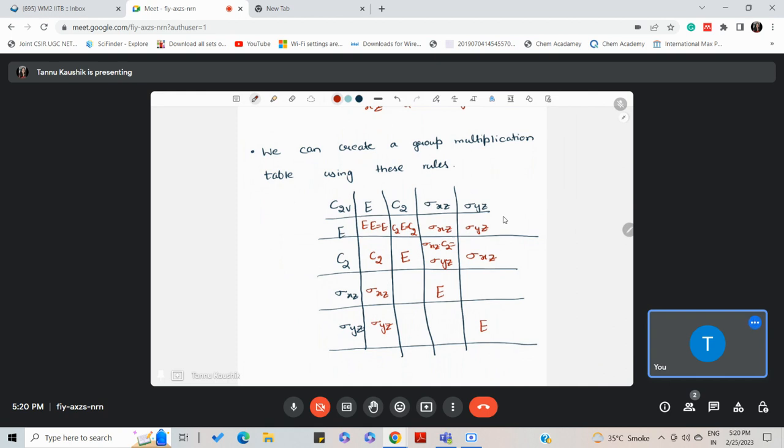What can be that? Sigma xz is already there, sigma yz is there, identity element is there. So the only element left is the C2 element. Okay. And in this row again we can put sigma xz. So this way we can directly make a group multiplication table. So this is the group multiplication table for C2V.